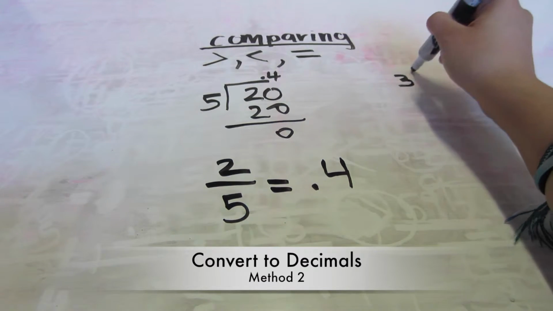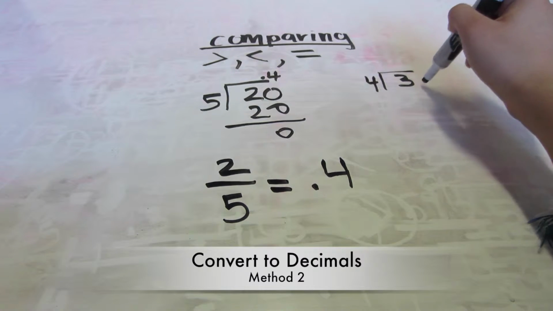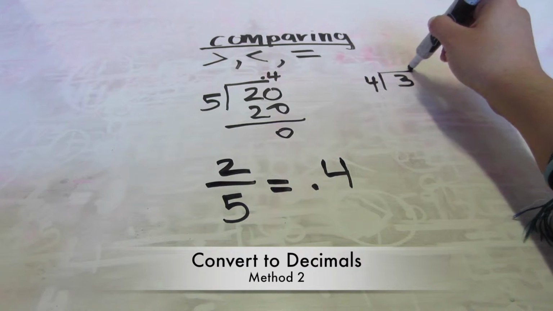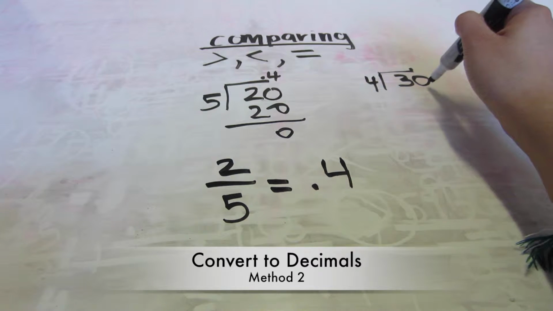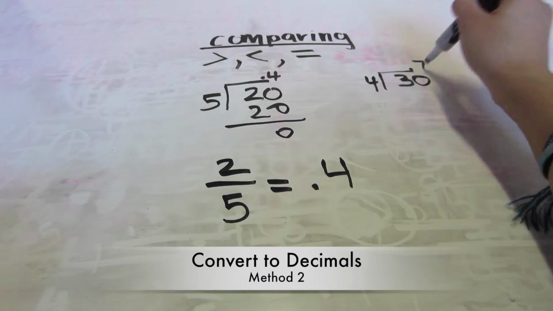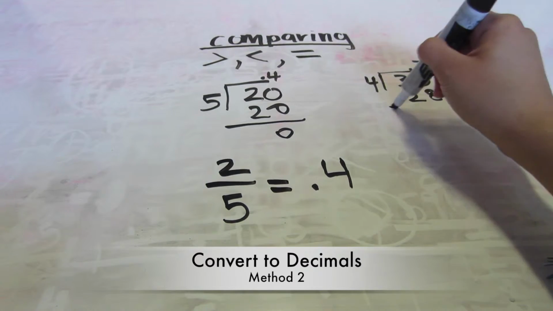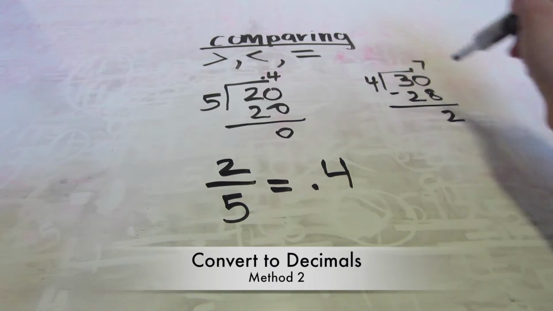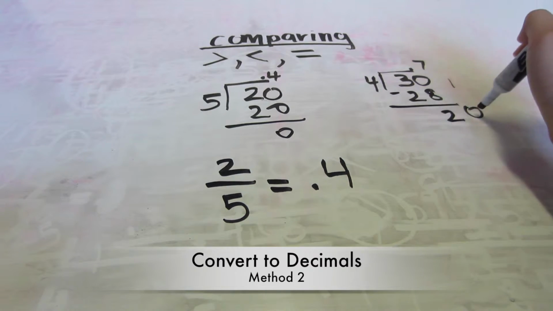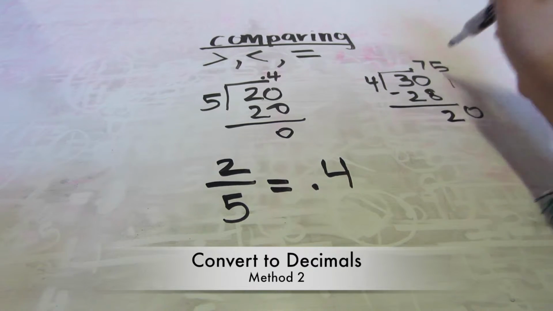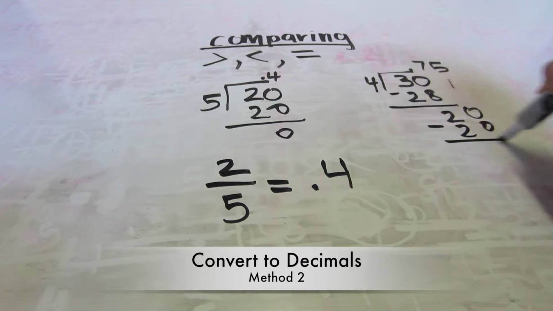Now we do the same thing to 3/4. We have to do 3 divided by 4. 4 doesn't fit into 3, we add a decimal point, we add a 0. 4 fits into 30 7 times, which is 28. We bring down another 0. 4 fits into 20 5 times, which is 20.